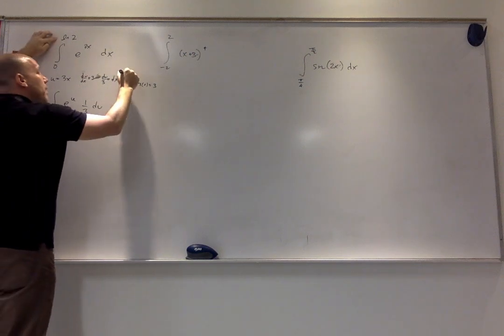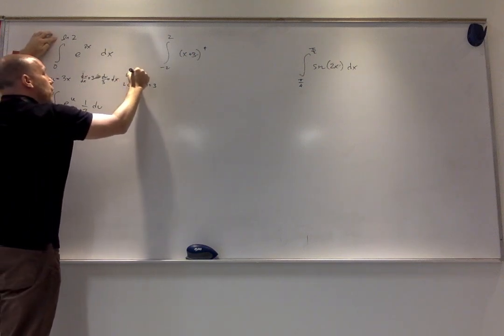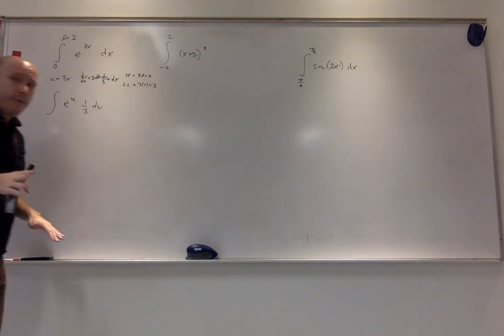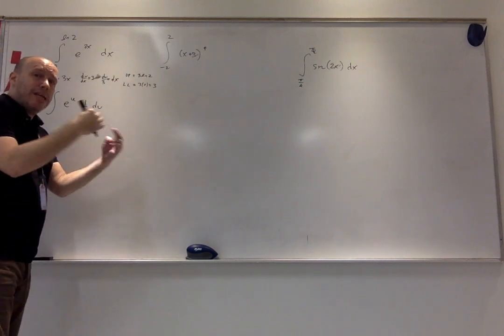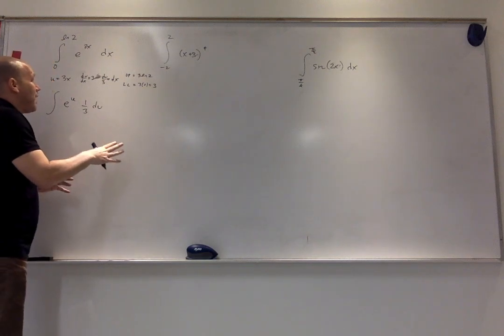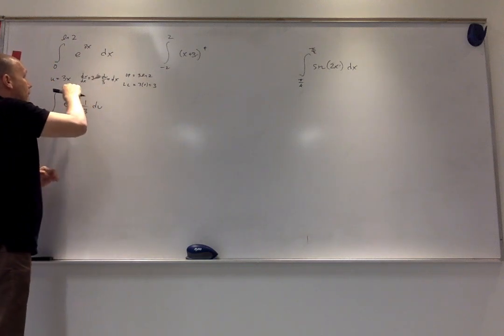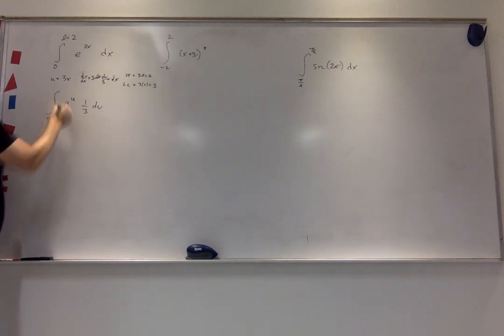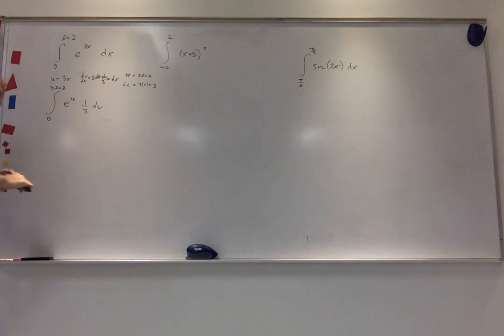My upper limit, same idea, 3 times ln of 2. Please remember, when we're turning everything into the world of u, everything gets tripled. That means my 0 goes to 0, and my ln of 2 goes to 3 ln of 2.